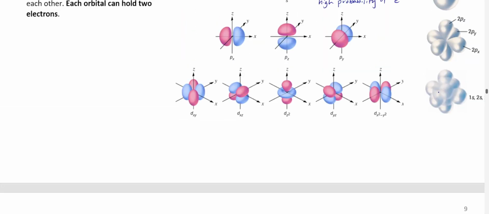I go back to my P. Oh, look, there are three orientations in 3D space. One where the antinodes are along the x-axis, one orientation where the antinodes are along the z-axis, and one orientation where the antinodes are along the y-axis.